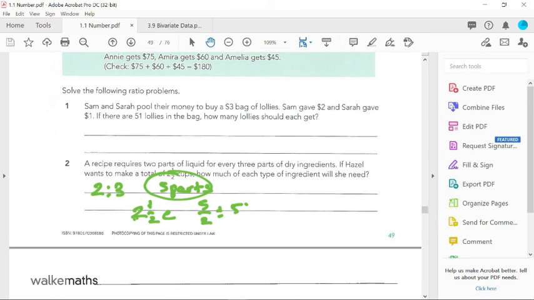Can you divide fractions? No, you need to change it to multiply by the reciprocal. So it becomes 5 over 2 times 1 over 5. The 5s will divide away, and that gives you 1/2. So each part is 1/2. So 2 times 1/2 gives you 1 cup of liquid.